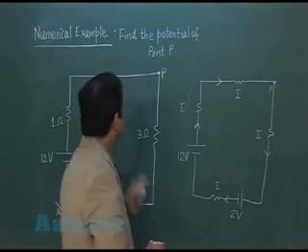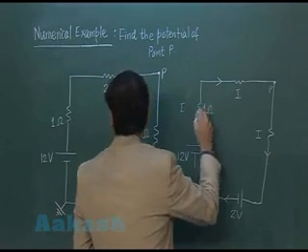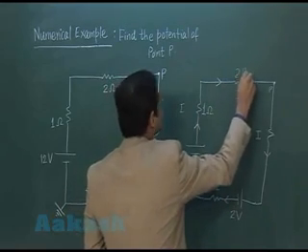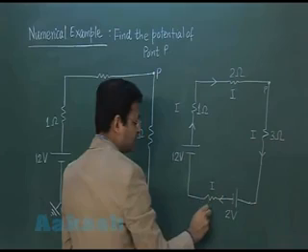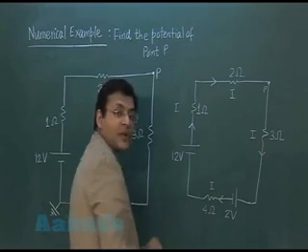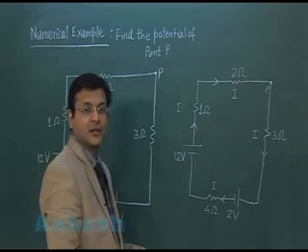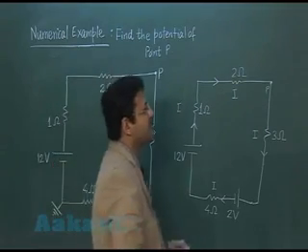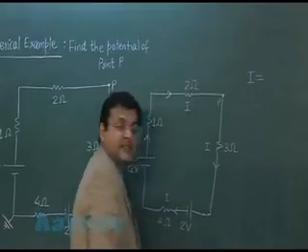Now substitute the values of resistance. Here you have 1 ohm, here you have 2 ohm, here you have 3 ohm, here you have 4 ohm, and now you tell me what is the value of current flowing into the circuit. Then you will say current is net EMF upon net resistance.